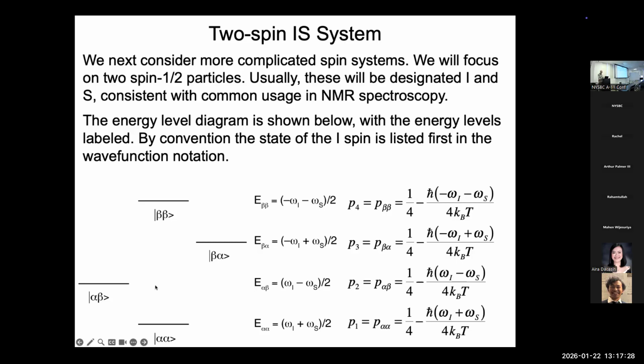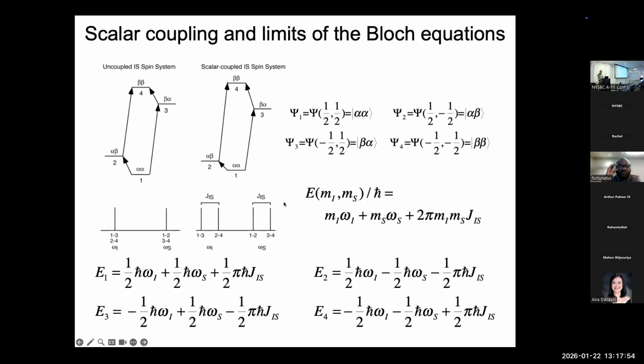Alpha beta and beta alpha may not have the same energy because, of course, the gammas can be different. If the gammas are different, then the omegas are different. So the energy levels are different. They'd be equal to each other if we're talking about hydrogens, in which case gamma would be the same for the 2 of them. So this starts out relatively simple.